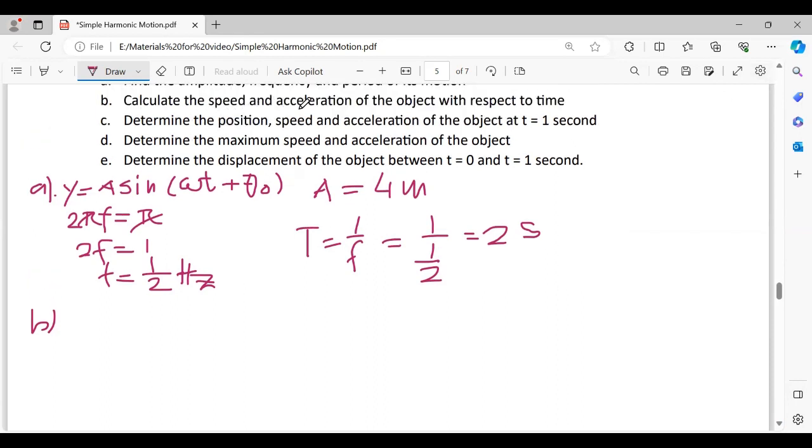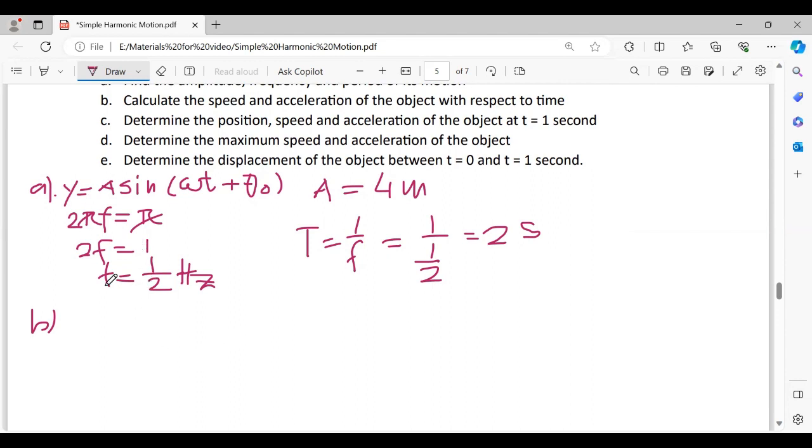Calculate the speed and acceleration of the object with respect to time. We're going to determine velocity, because speed is scalar, whereas velocity is a vector quantity because it has direction.